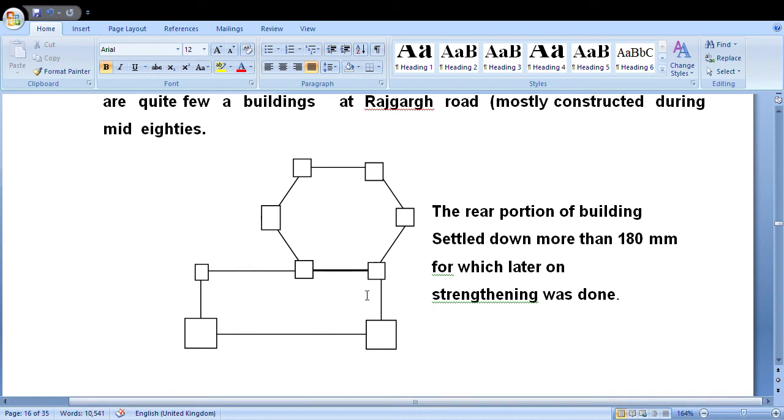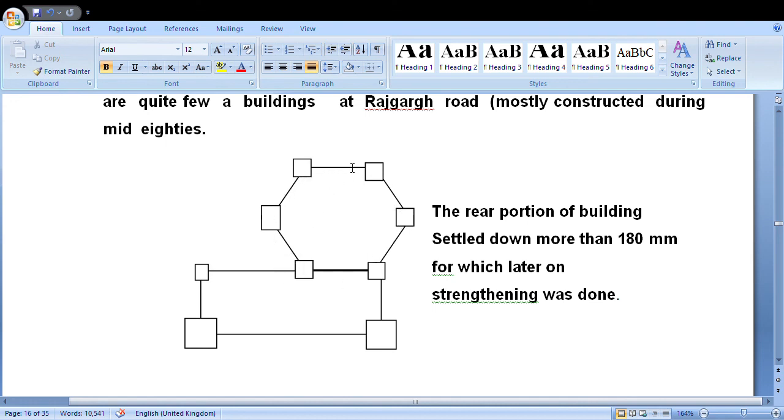You see, this is a big open space, lower portion for car park and upper portion some hall-type arrangement, and this is one building.